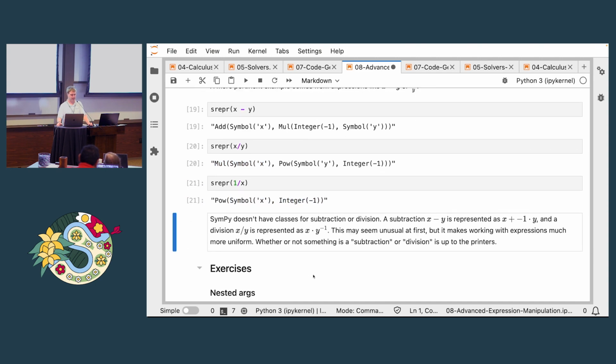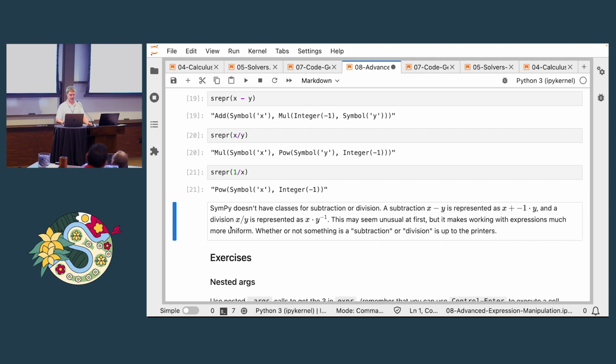So SymPy doesn't actually have classes for subtraction and division. It only has classes for addition and multiplication and exponentiation. So x minus y is actually x plus -1 times y, and x divided by y is x times y to the -1. And this might seem kind of annoying, but it's actually useful because it means that you can deal with these expressions in a much more uniform way.